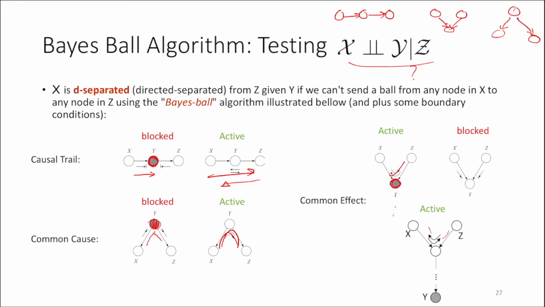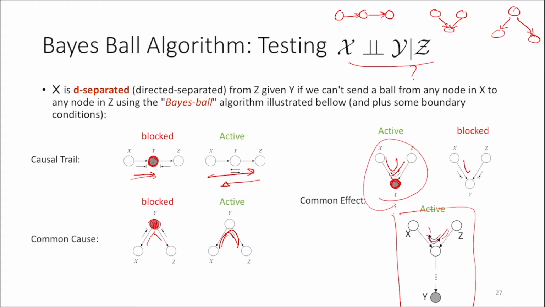So to summarize, this V structure is different from the other one because if that random variable is observed, you can pass through it, but if it is not observed, you cannot. While in the other one, if it is observed, you cannot pass through it. And the other thing you have to pay attention to is that if any descendant of the V structure is observed, you can still pass through it.